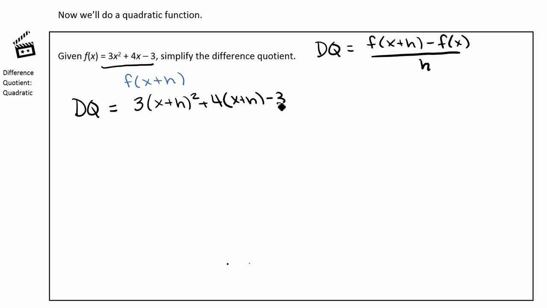Okay, now the next part of the formula says minus f of x. So we're going to subtract, and in parentheses, our entire original function, just with x's. So 3x squared plus 4x minus 3.